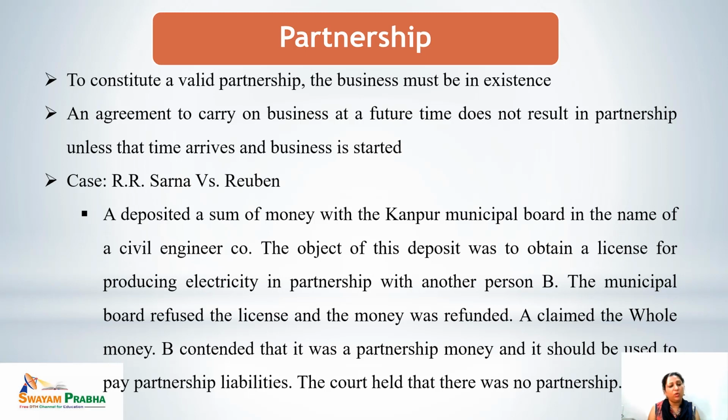A claimed the whole money. B contended that it was partnership money and should be used to pay partnership liabilities. The court held that there was no partnership at all because the business didn't come into existence. It was to be operated in future.